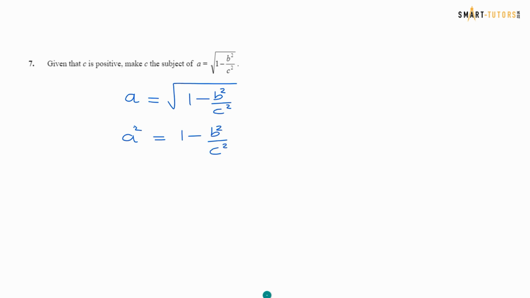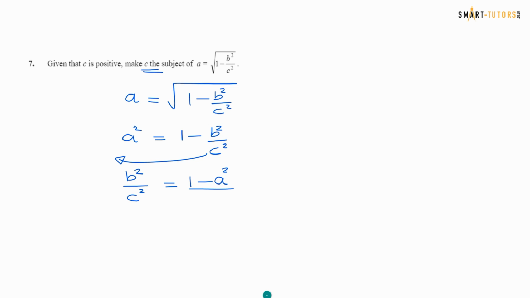Now they're asking to make C the subject, so we can bring this term over, so that B squared over C squared equals 1 minus A squared.